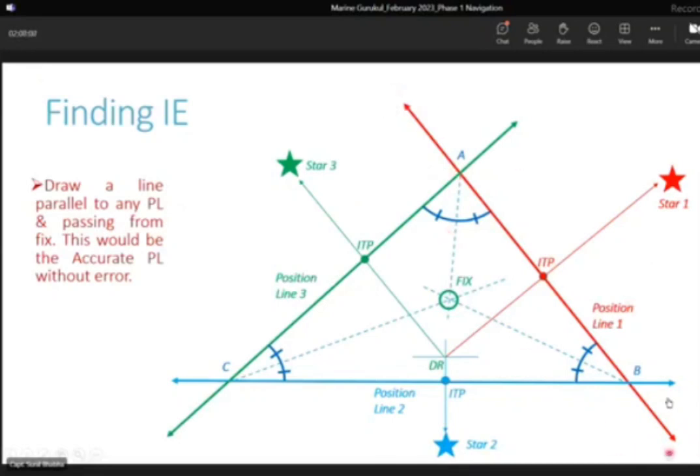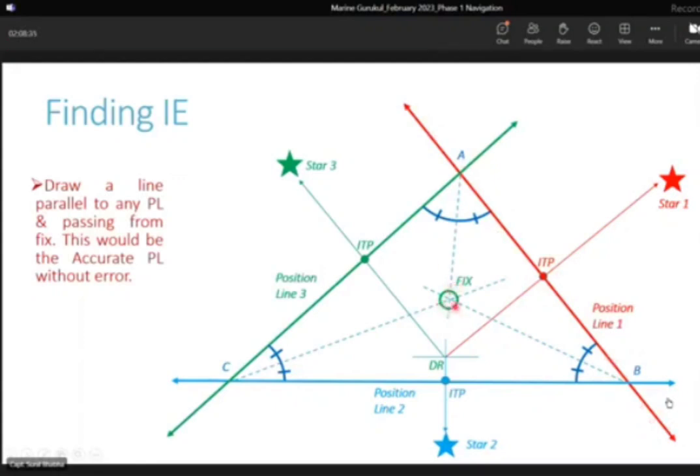We can use any of the position lines to find out the error. In the example, we are using our first position line to find out what the error was. Now we have to draw a line which is parallel to the red color PL and passing from the fix.